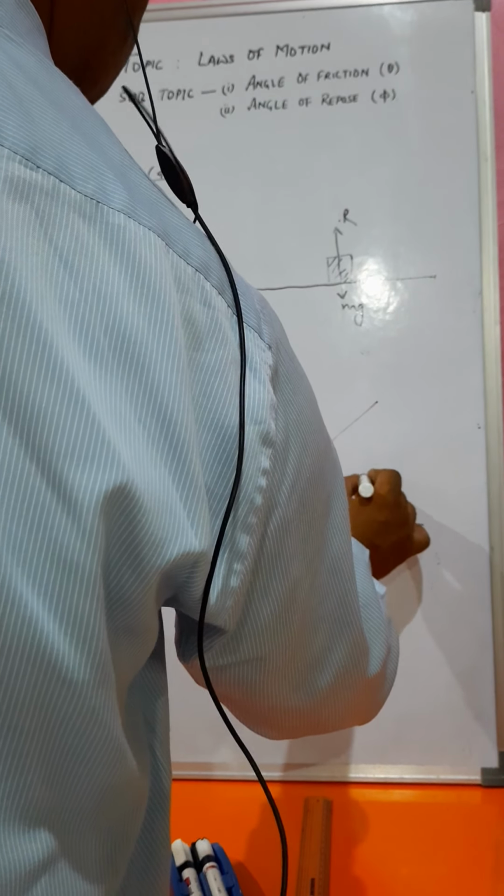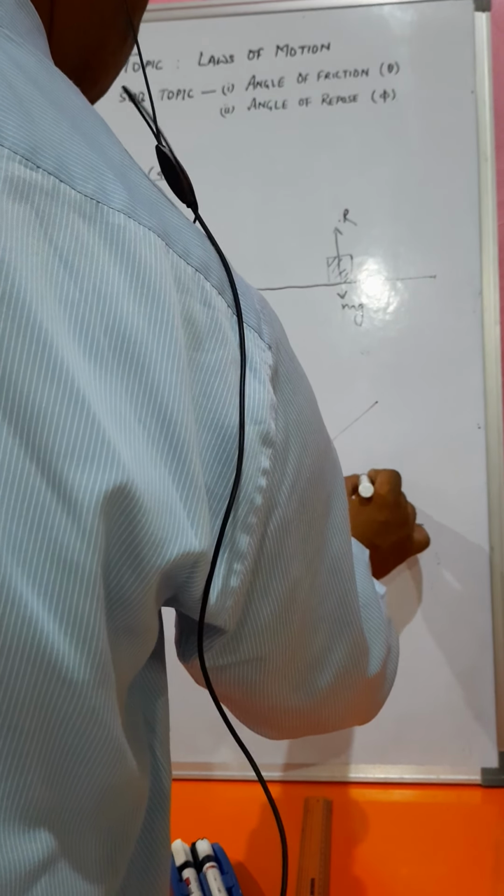Now if some force of friction acts on the body, and this force of friction, say, is equal to mg sin theta, say this is the angle, the surface is given, the body is given, the mass is given, and if we incline this surface to such an angle with the horizontal, say phi, such that the body just starts sliding down at this angle.